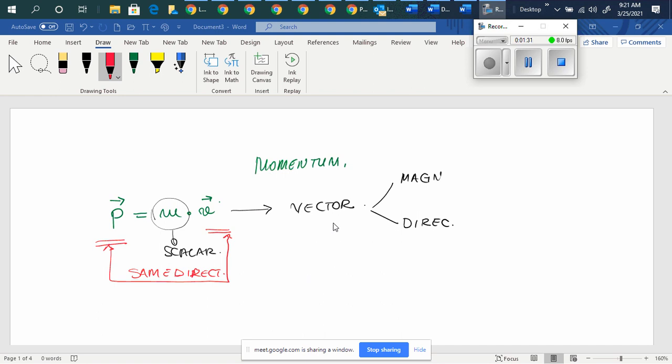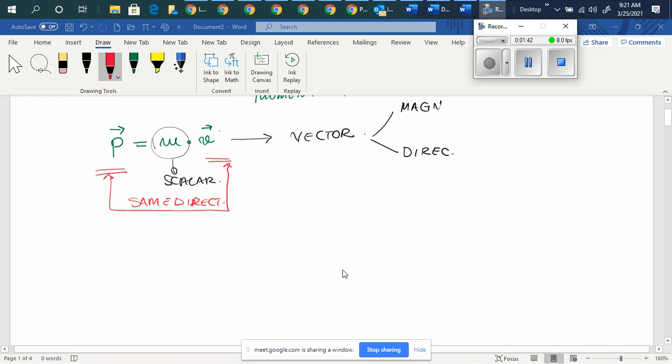Let's see some examples now in which we are calculating momentum in different situations when the velocity and mass are given in the proper units and so on.